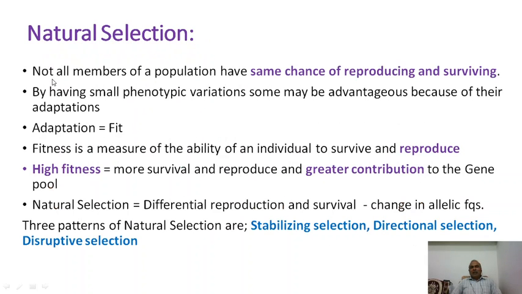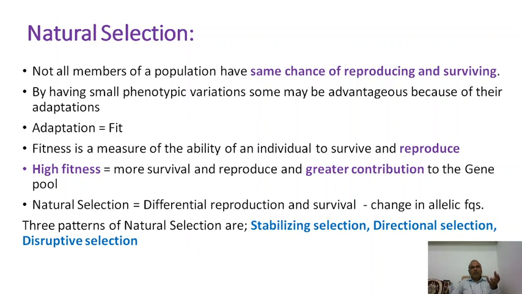Another very important idea of natural selection is that not all the members of a population have the same chance of reproduction and the same chance of surviving. So reproductive success is a very important point for natural selection. By having small phenotypic variations, some may be advantageous because of their adaptations.